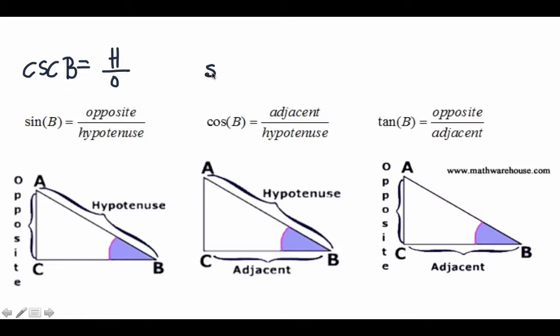You can think about the reciprocal of cosine, the secant of B, which would be hypotenuse over adjacent. We'll do a capital A. You could think of the cotangent of B, where, again, the reciprocal of the tangent, adjacent over opposite. Again, those are important. This is a pretty easy review.